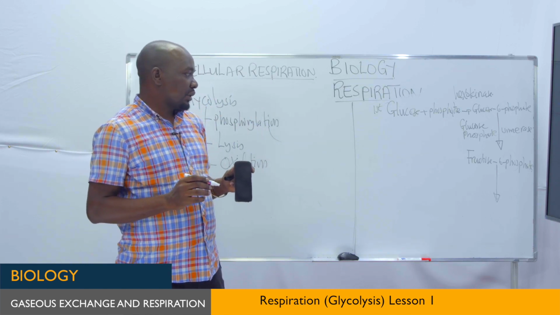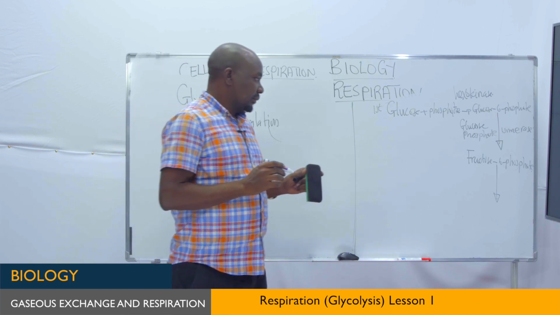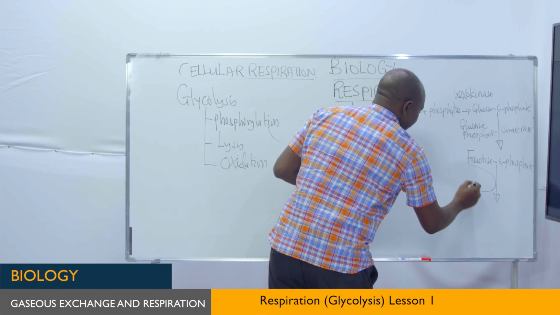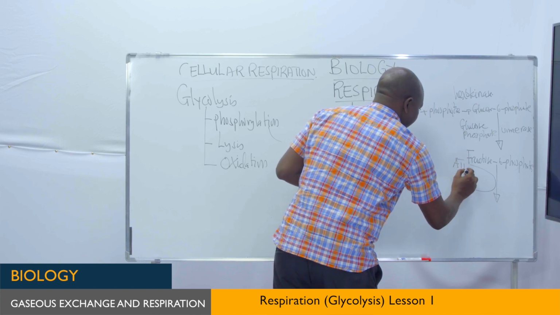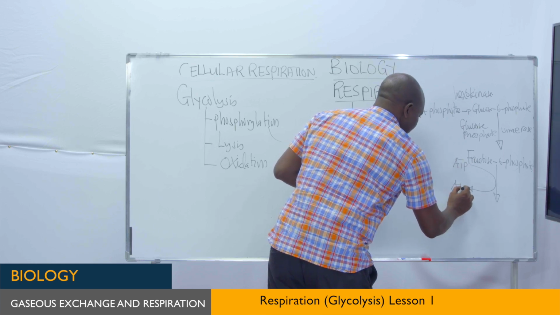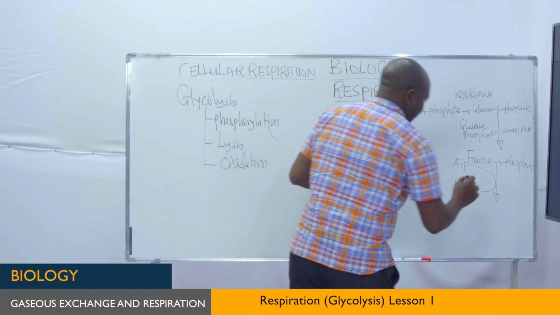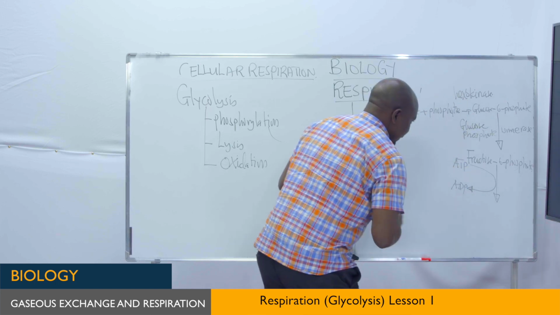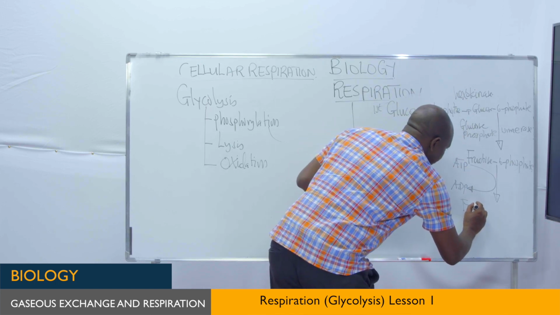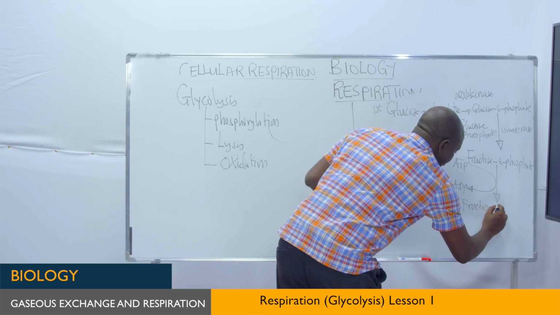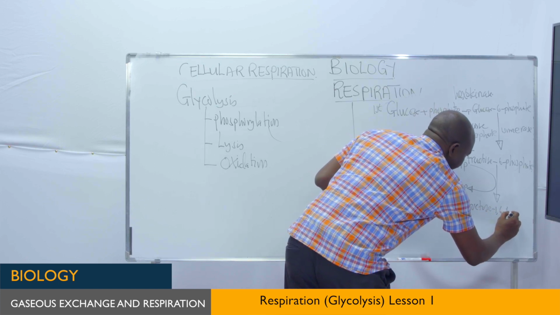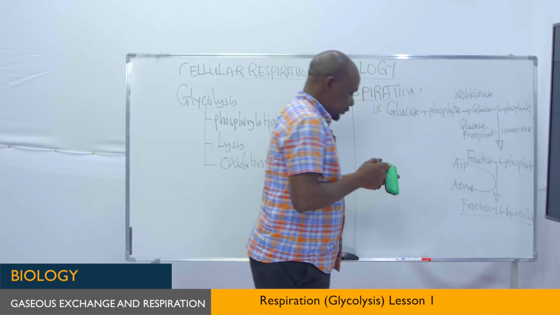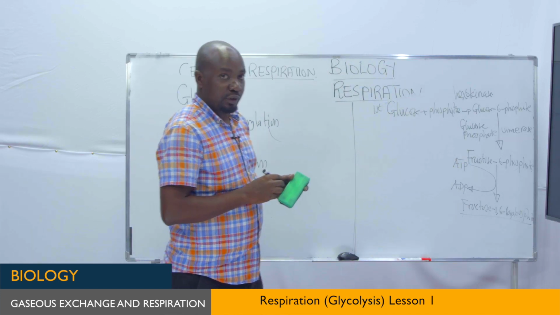The fructose 6-phosphate is phosphorylated. It is attached with a phosphate group from the ATP, producing another molecule that is fructose 1,6 biphosphate, meaning that now we have two phosphates.